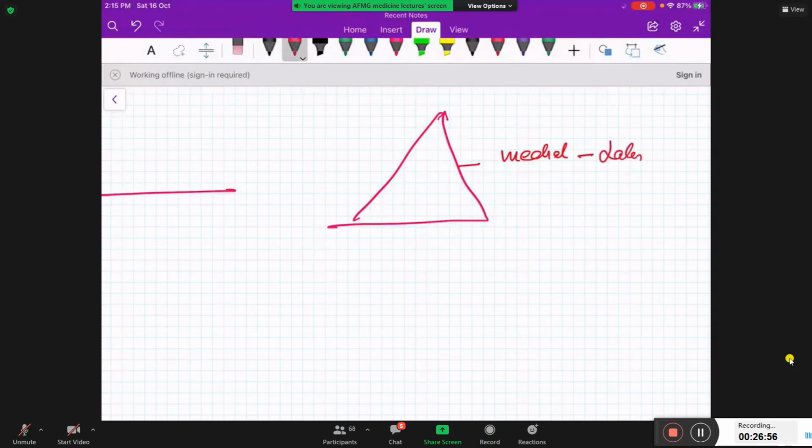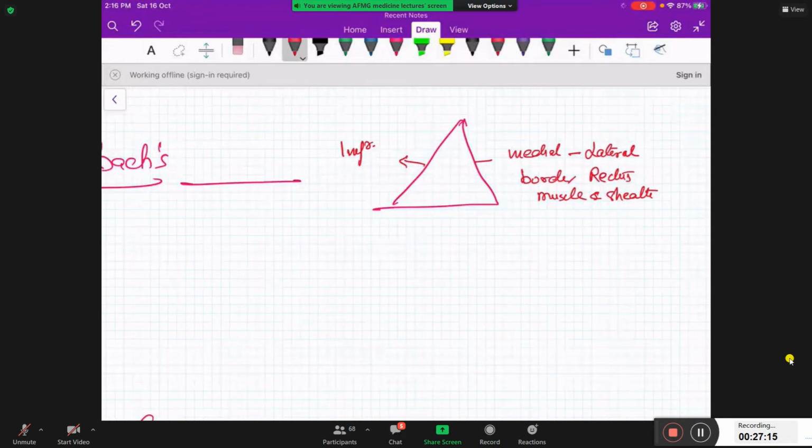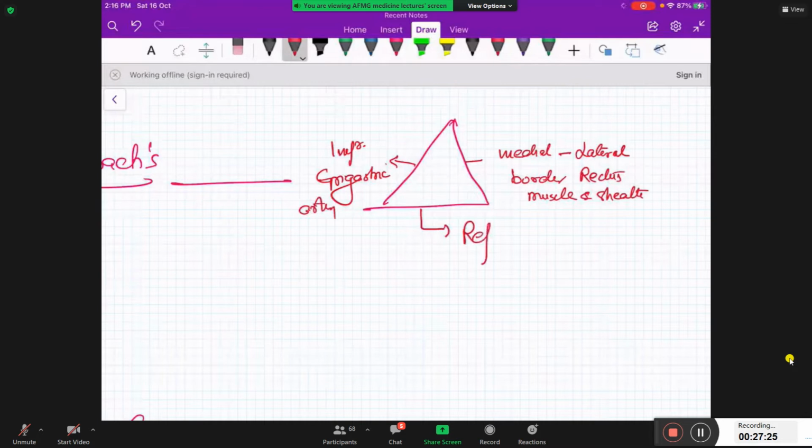Very good, the lateral border of the rectus muscle and sheath. The lateral boundary is formed by the inferior epigastric artery. The base is formed by the reflected part of the inguinal ligament.